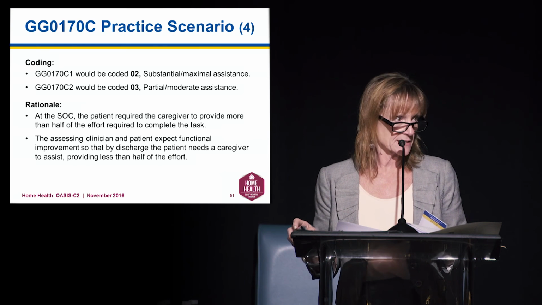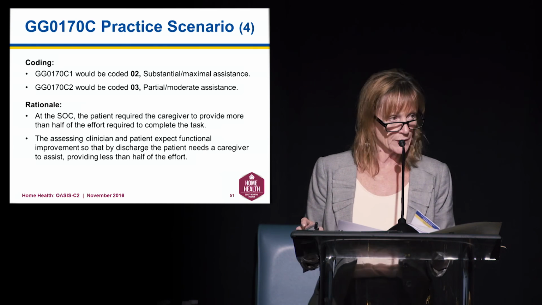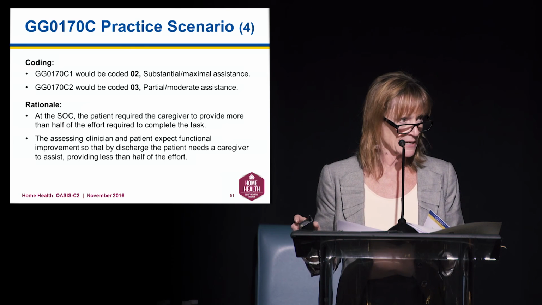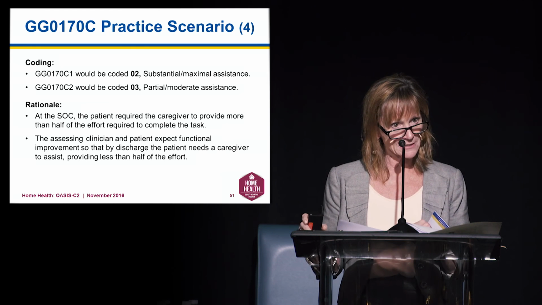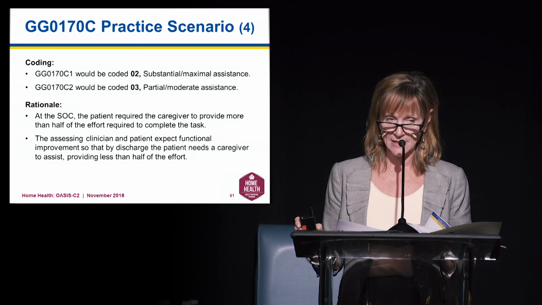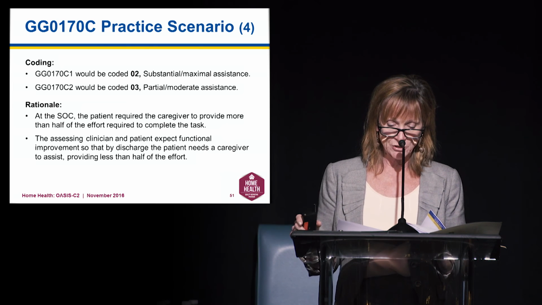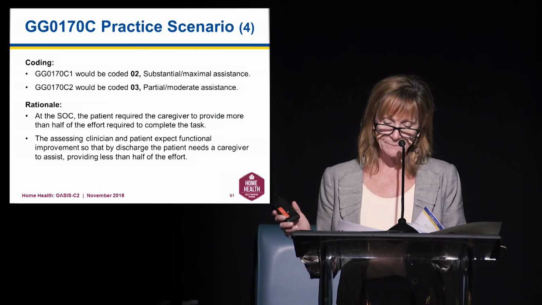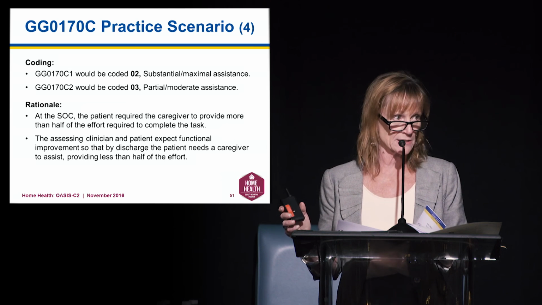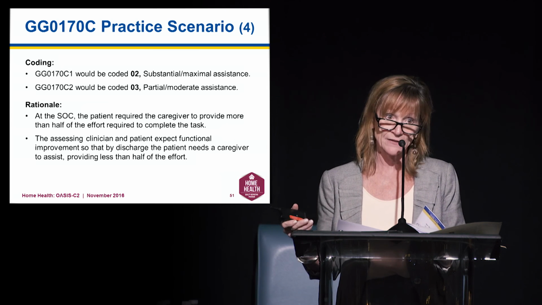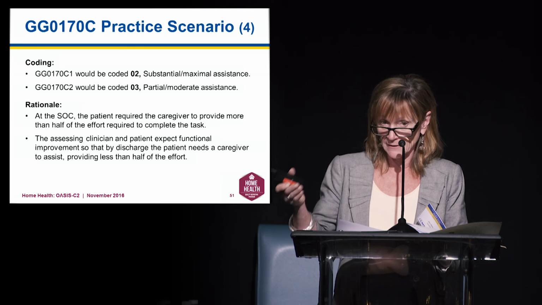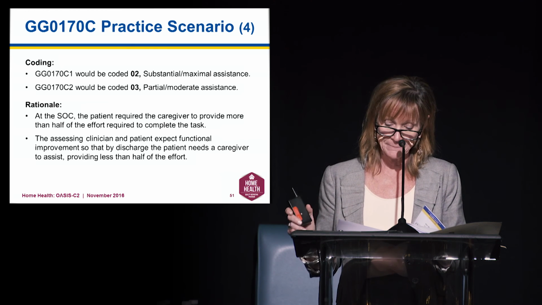So looking at that scenario, just reviewing again the coding, and it takes a little bit to practice this and to think through the different steps in coding this appropriately. Again, for GG0170C1, it would be coded as 2 because he needed his wife to do more than half the effort to get up and get his legs onto the side of the bed.